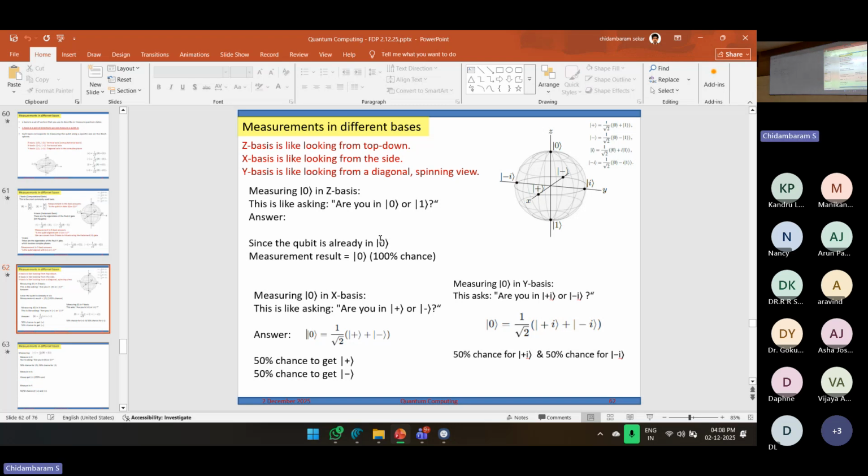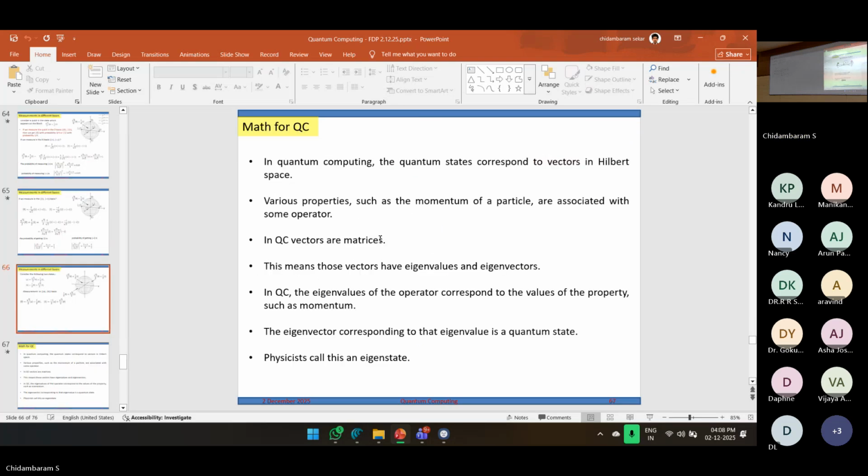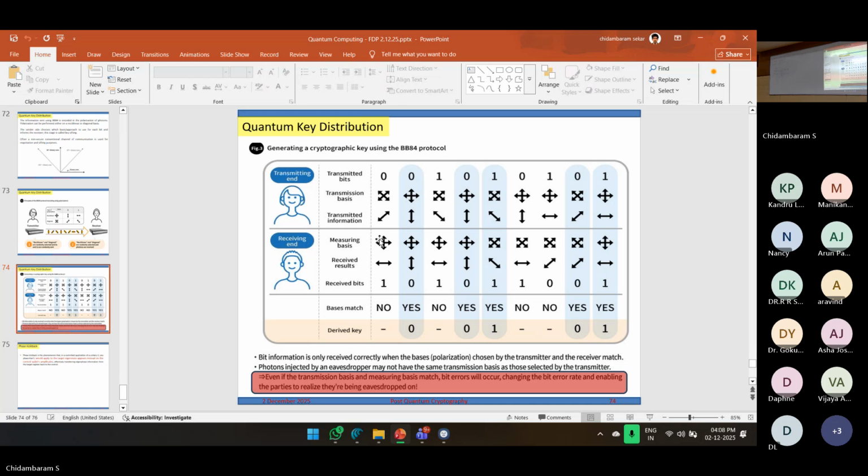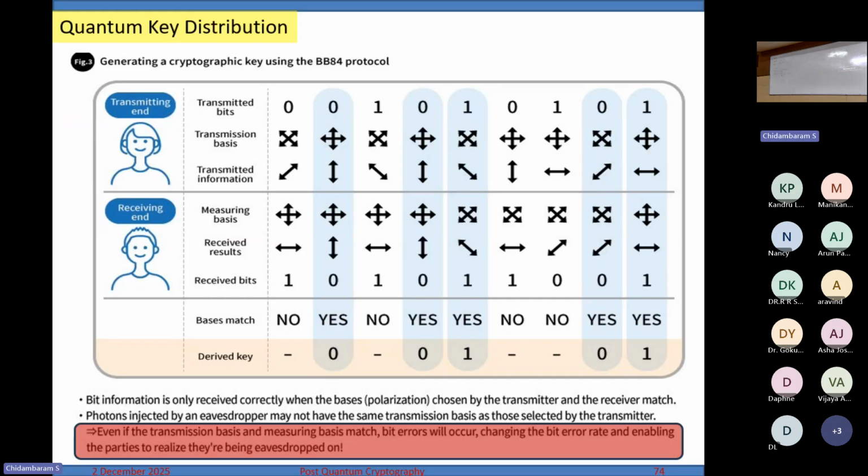Because anyway, we have discussed the no cloning theorem. Now you see, Alice, Bob. We said X basis, Y basis, Z basis. There are two bases.